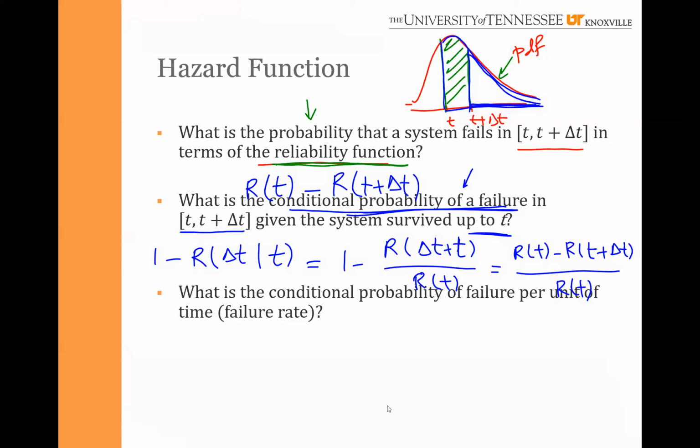So now, because I want the rate, I'm going to divide it by the units of time, which is delta t. So I'm going to get the same formula from the top, and I'm going to divide it by delta t to get my rate per unit of time.